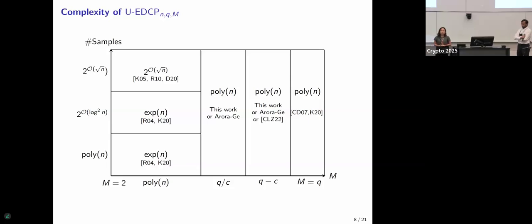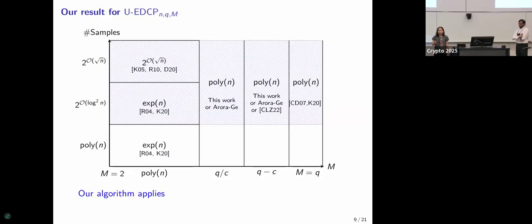The uniform EDCB is hardest when m is of the size of poly n. When the number of samples is sub-exponential in the square root of n, we have a sub-exponential algorithm to solve UEDCB. And when we have fewer samples, the best algorithm we know is exponential.